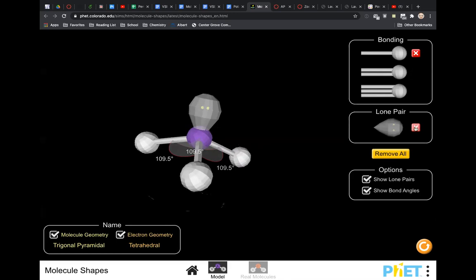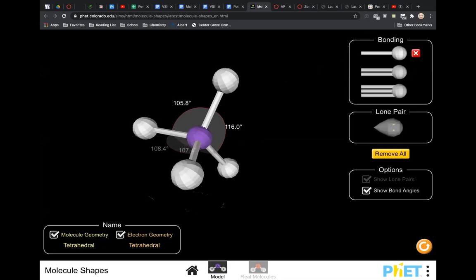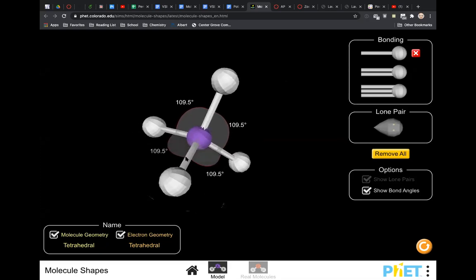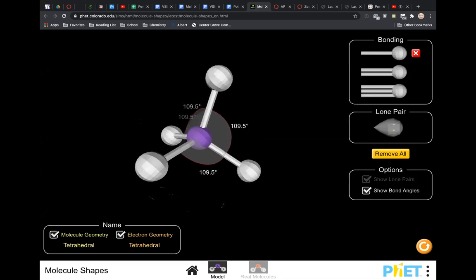If I take that lone pair off and add a bond, you'll see here that the electron group geometry and the molecular geometry are the same. Because remember, the molecular geometry is basically describing the shape based on atoms bonded. And I have 4 atoms bonded. I got 4 high electron dense areas.